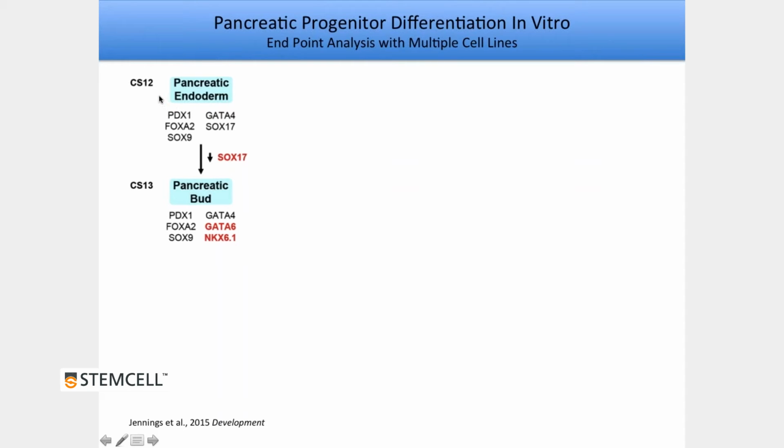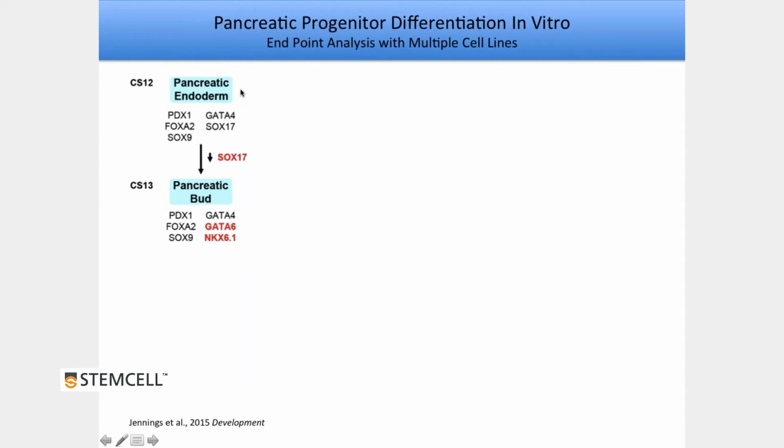What you can see here on the left is a schematic showing the different proteins that are expressed during pancreatic development, from a paper by Rachel Jennings in Neil Hanley's lab, where they stained human fetuses at different stages of development.